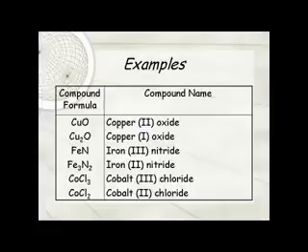Next we have iron 3 nitride. The nitride ion is 3 negative, so the iron here has to be 3 plus in order to balance that 3 negative charge, so we have iron 3 nitride. Next we have Fe3N2. Here the nitride ion again is 3 negative. There are 2 of them, so 2 times 3 negative is 6 negative.